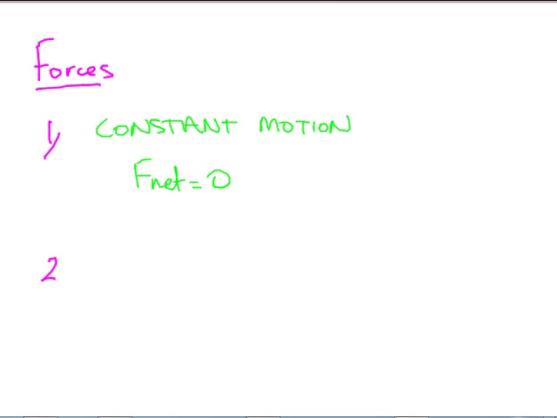Okay, number 2, we've got F equals ma, or F net equals mass times acceleration. If there's no acceleration, then it's constant motion. However, when there is acceleration, then that becomes our net force that we're analysing based on its acceleration.